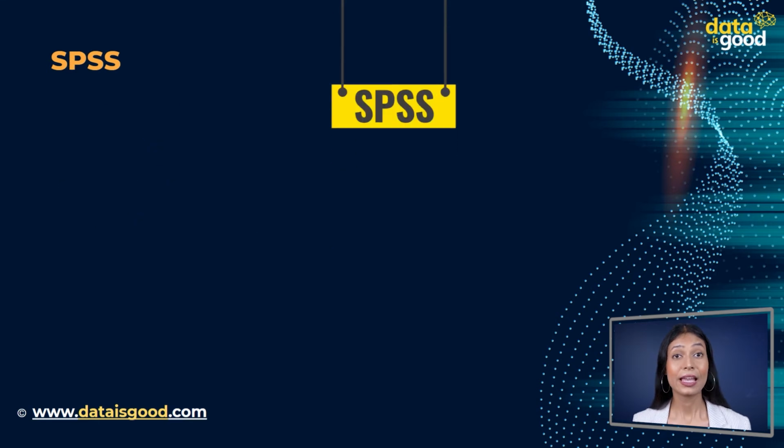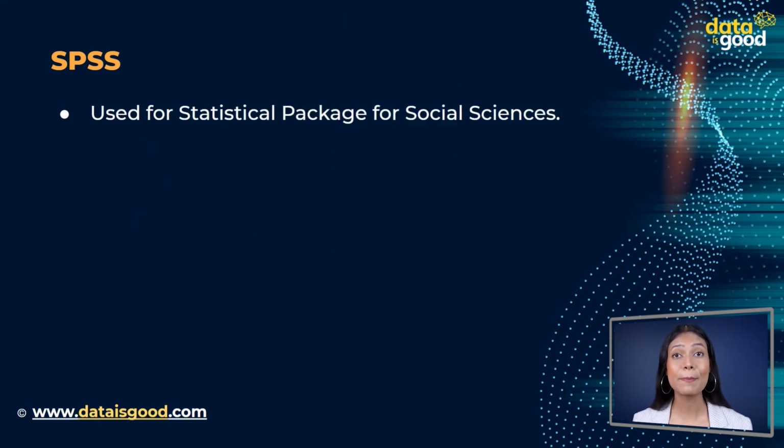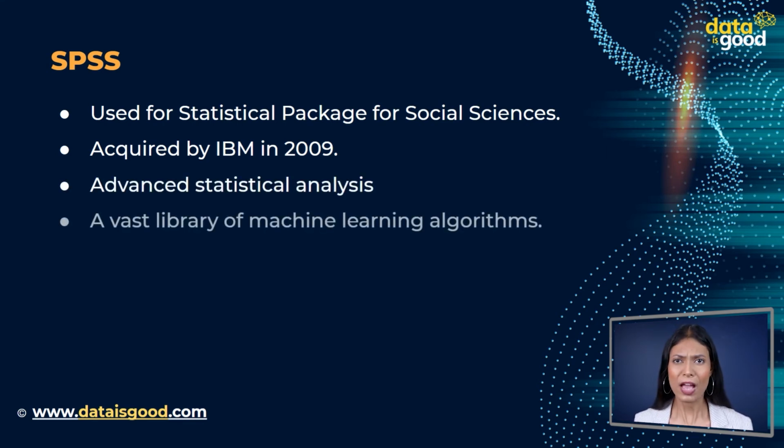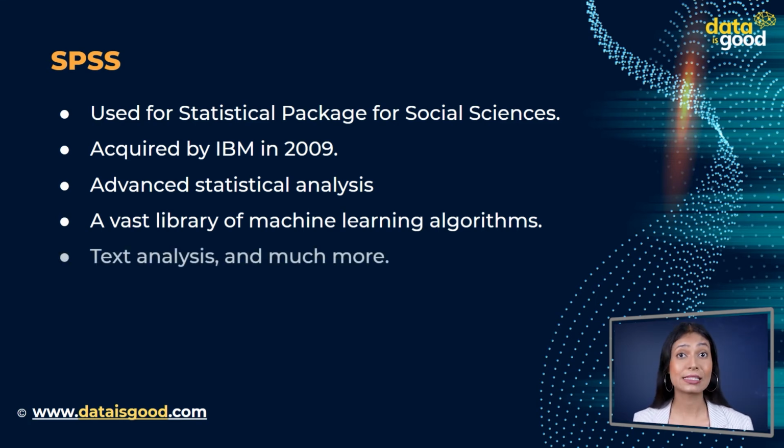SPSS is the abbreviation used for Statistical Package for Social Sciences. It was acquired by IBM in 2009. It offers advanced statistical analysis, a vast library of machine learning algorithms, text analysis, and much more.